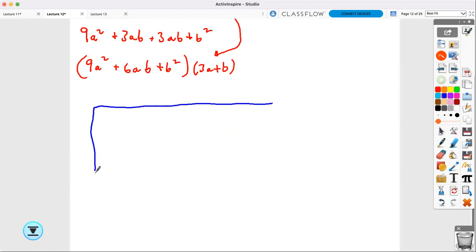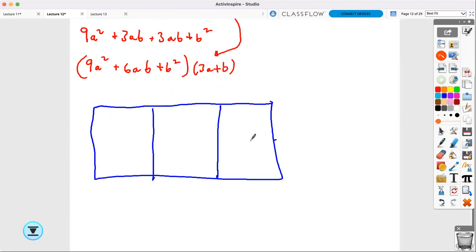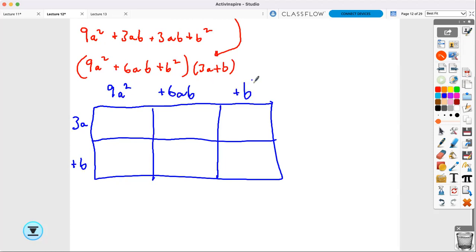So draw a box, it's gonna be a 3x2. So it'll be 3a plus b here, and then this is gonna be 9a squared, 6ab, and b squared.